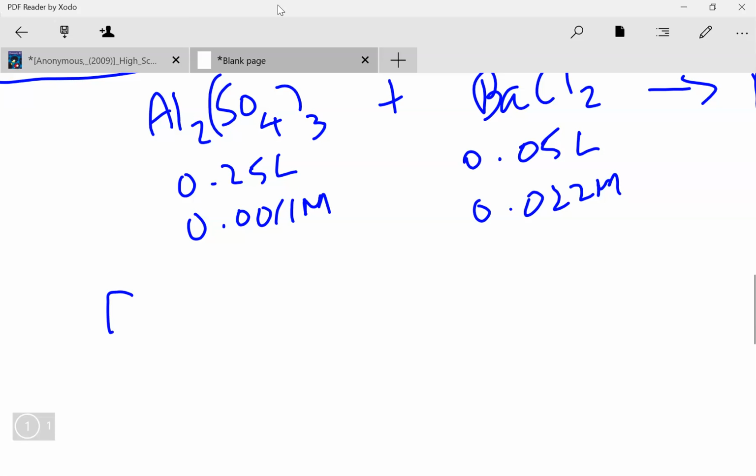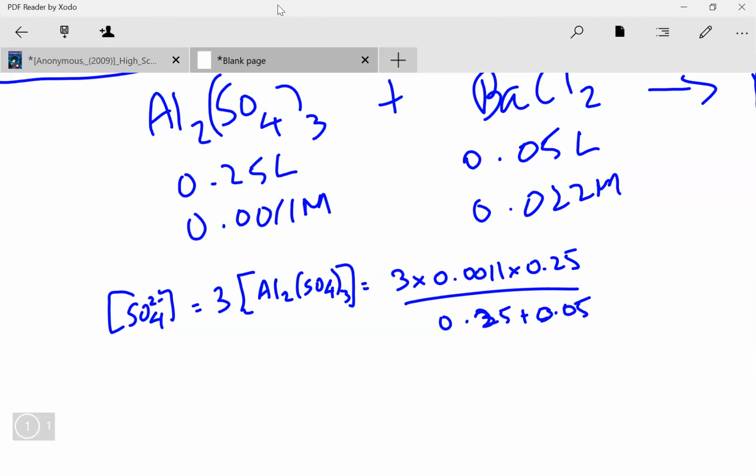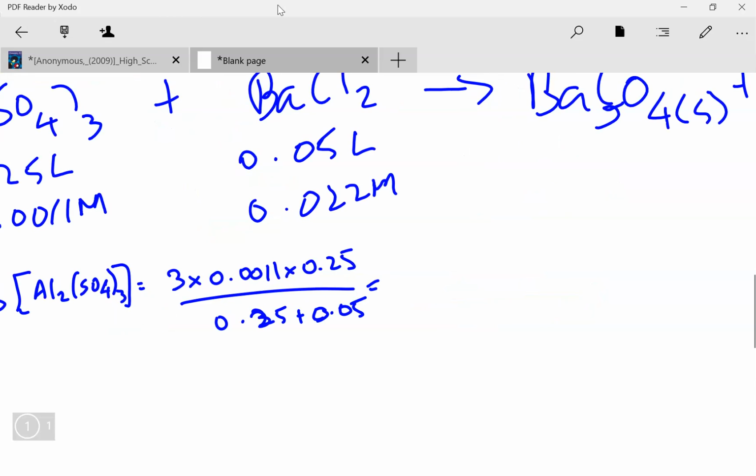So again, concentration of sulfate is equal to 3 times concentration of aluminum sulfate, which is 3 times concentration times volume divided by total volume, which is 0.3. It's 0.25 plus 0.05, right? The total volume. So 3 times 0.0011 times 0.25 is 2.75 times 10 to the negative 3.